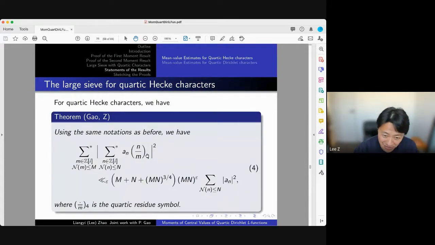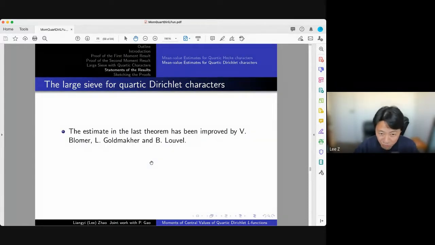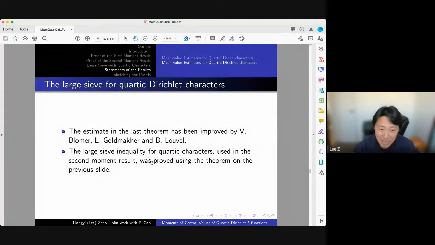Here I have this average value for quartic characters, and this was improved by Blomer, Brüdern, Dunn, and Louvel. Using Heath-Brown's method, which is a beautiful method, I don't have any time to go into.